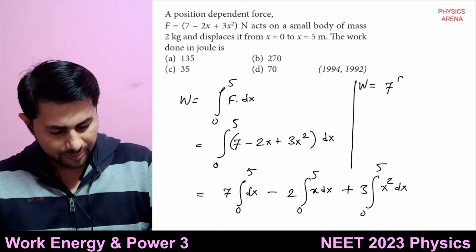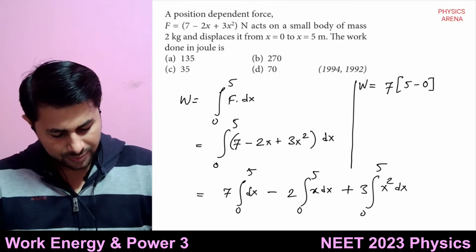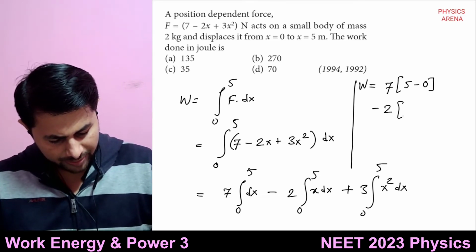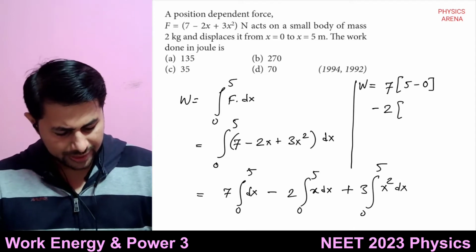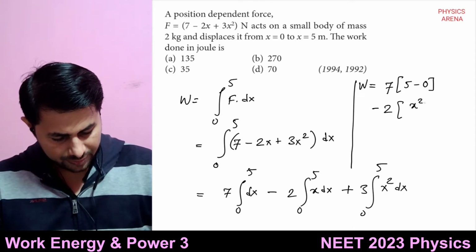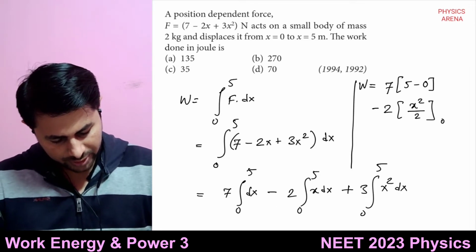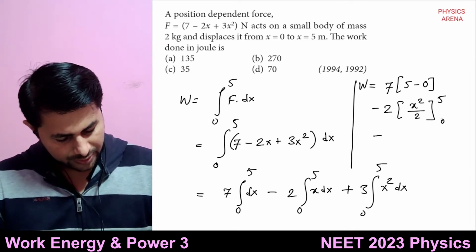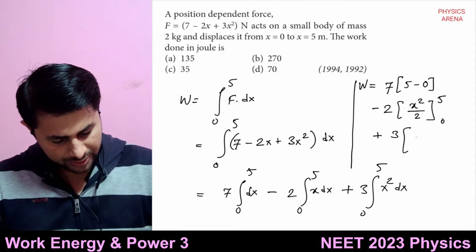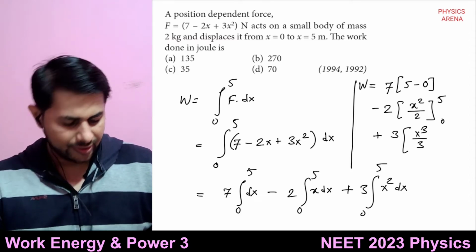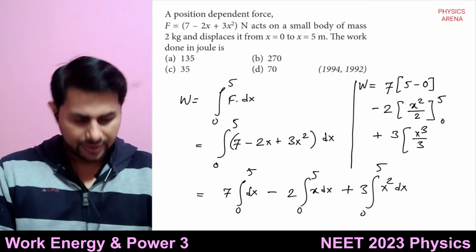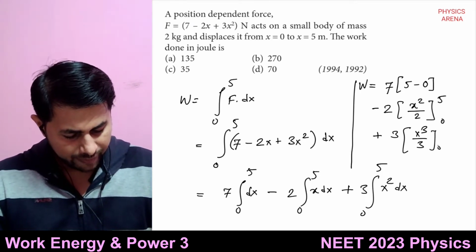So 7 multiplied by 5 minus 0, minus 2 multiplied by x square upon 2 from 0 to 5, and plus 3 times x cube divided by 3, okay, integral of x square dx is x cube upon 3 from 0 to 5.